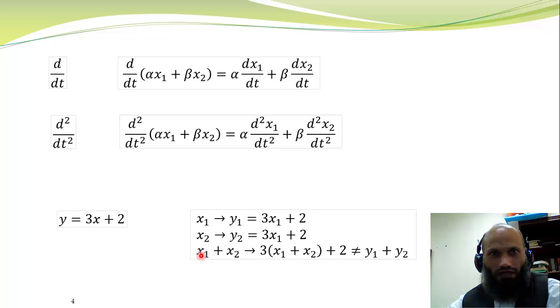And if we apply a linear combination of x1 and x2 to this system, then the output is 3 times (x1 plus x2) plus 2, and this is not equal to y1 plus y2, that is this plus this. This is not equal to this one. So superposition is not satisfied for this function. Therefore this function is not a linear function.